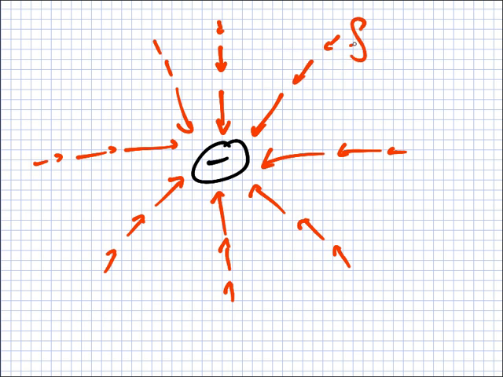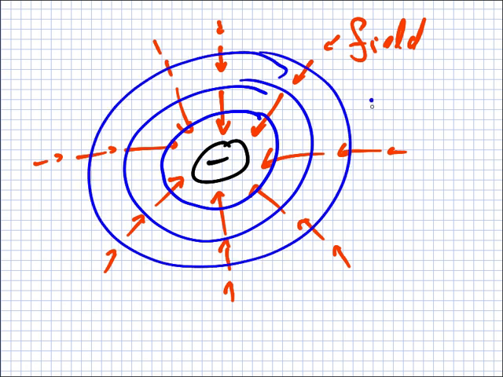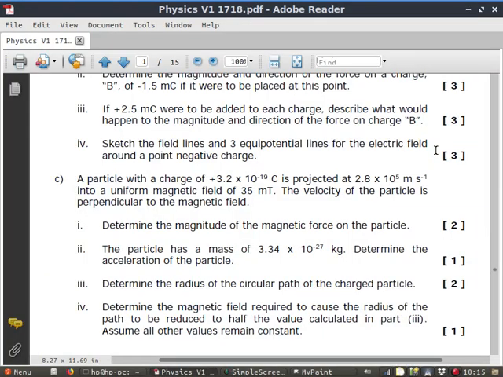They're the field lines, and then the potential lines are like this. They're the potential lines. Okay, that's okay for 3 marks, I think.